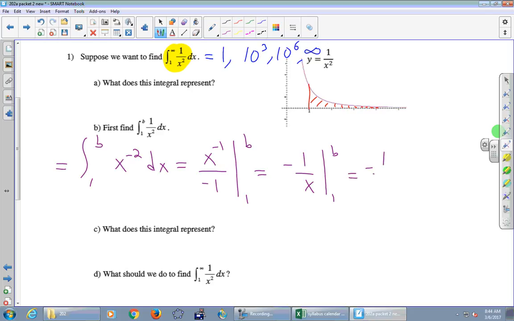So negative 1 over b minus negative 1 over 1. Plug in b, plug in 1, subtract. All right, we're going to rewrite this just a tiny bit. Minus minus makes a plus. I'll write the 1 first, and the minus 1 over b second. Okay with that?